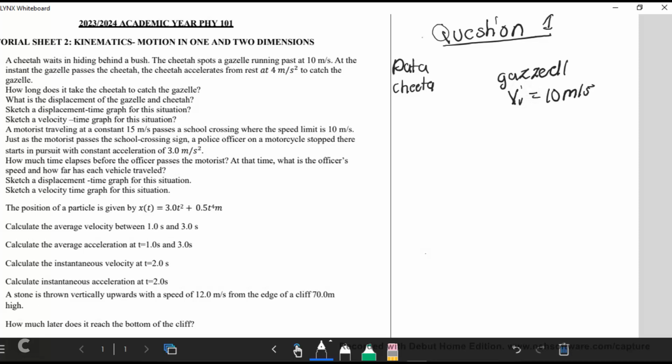How about the acceleration of the cheetah? The acceleration of the cheetah was 4 meters per second squared. Remember that the cheetah started from rest, so the initial velocity is 0. Then the acceleration of the gazelle will be equal to 0. So the equation that we use is this equation.